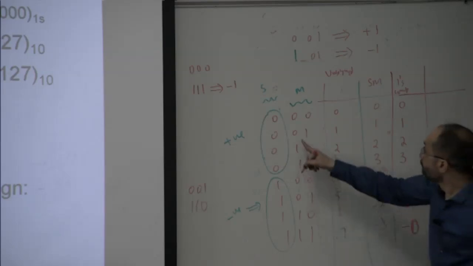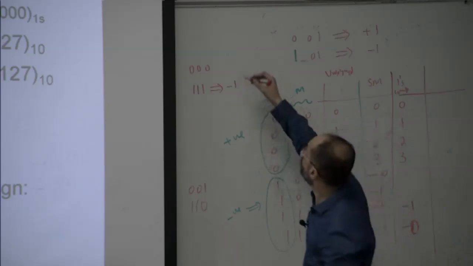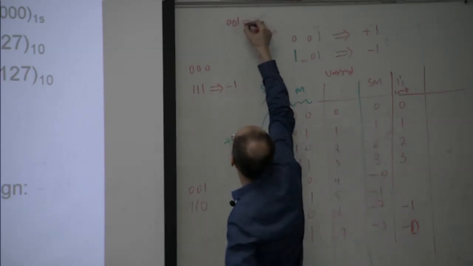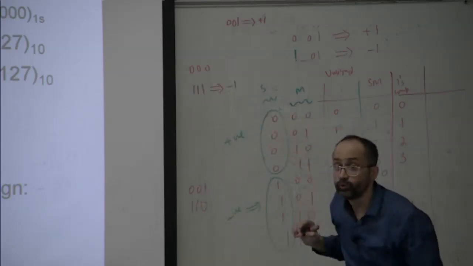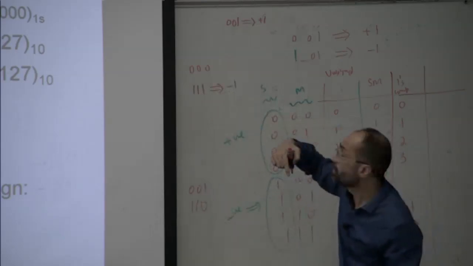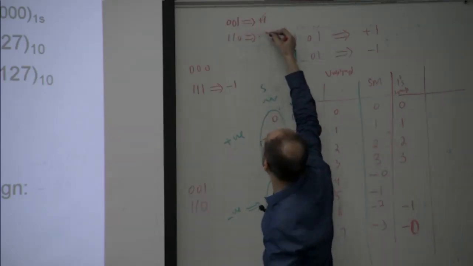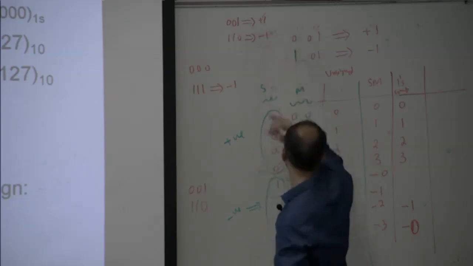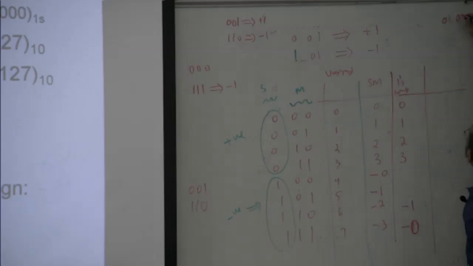What is the code for 1? 0, 0, 1 is plus 1. We want to get minus 1. What should we do? Invert all the bits. 1, 1, 0 is minus 1. Okay, 0, 1, 0 is plus 2.